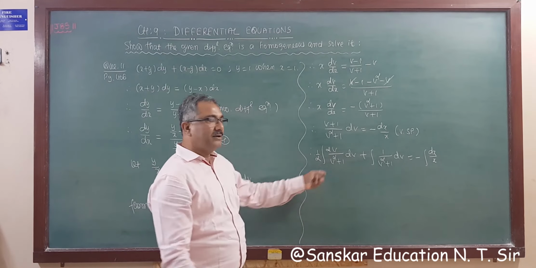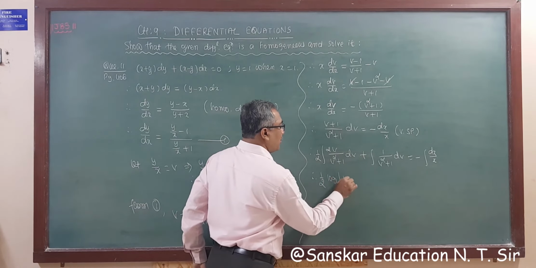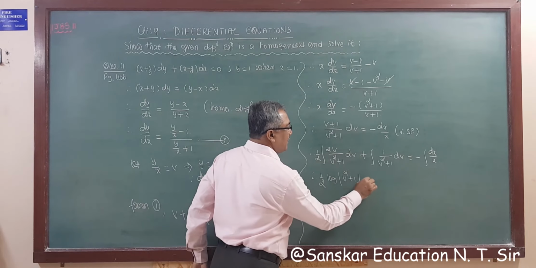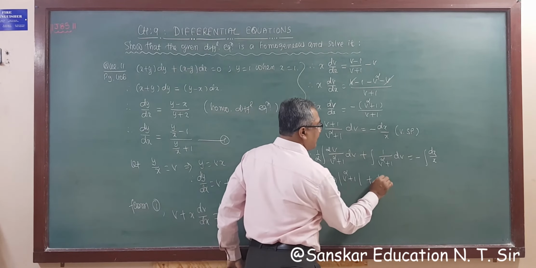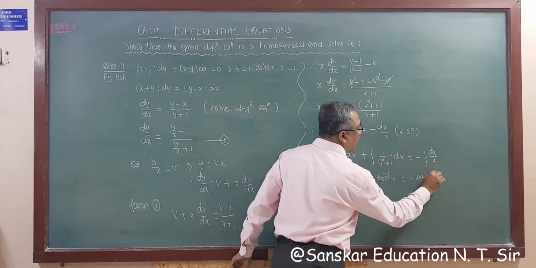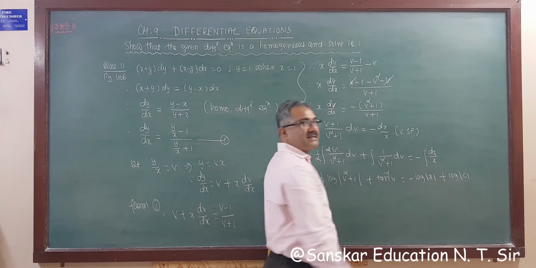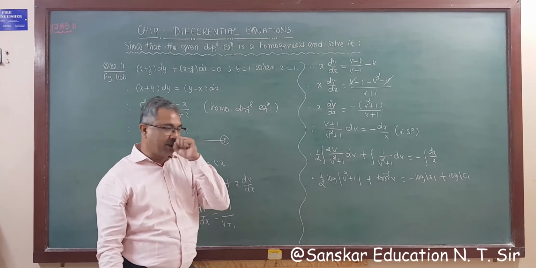So what we get here? We get 1 upon 2 log mod v square plus 1 plus tan inverse v is equal to minus log mod x plus log mod c. Got it?